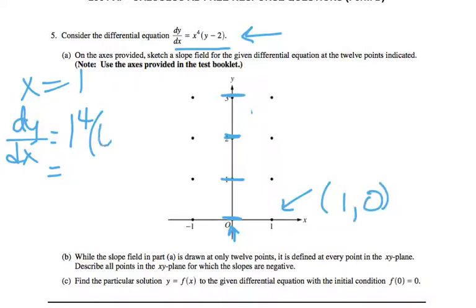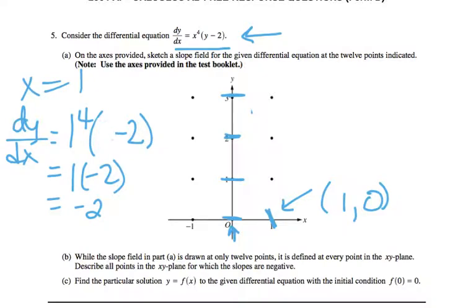So now I'm going to plug in 0 for y. So 0 minus 2. So this ends up being 1 times negative 2, which is negative 2. So we're going to draw an approximation of a slope of negative 2 here. That might be too steep.